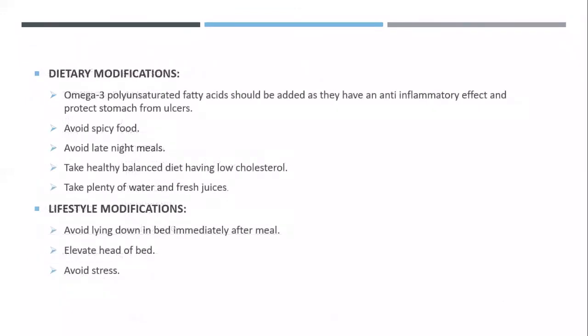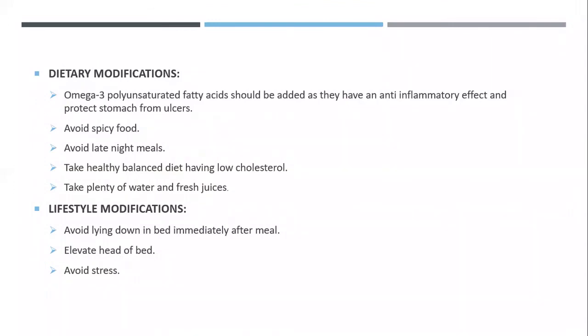Dietary modification: omega-3 polyunsaturated fatty acids should be added as they have an anti-inflammatory effect and protect the stomach from ulcer. Avoid spicy food and late night meals. Take a healthy balanced diet, having low cholesterol, and take plenty of water and fresh juices.